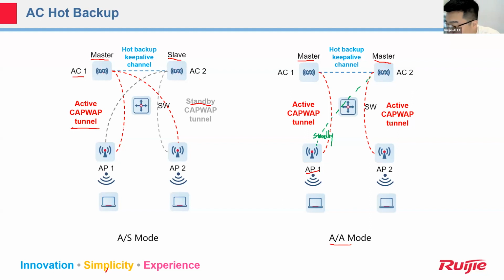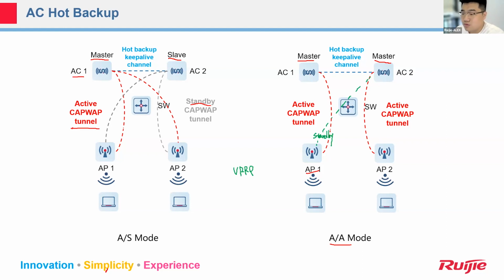And I see a question: is AC hot backup in the AA mode, when AC1 goes down, all the APs on AC1 move to AC2? Yes, yes. Actually, you can think it's similar to VRRP. In VRRP, if we have two routers, after using VRRP, one is a master, one is a slave. So all the traffic will go through the master, and the slave is free. So we can maybe create two VRRP groups. In VRRP group 1, router 1 is a master.